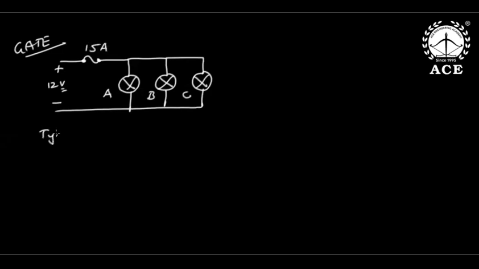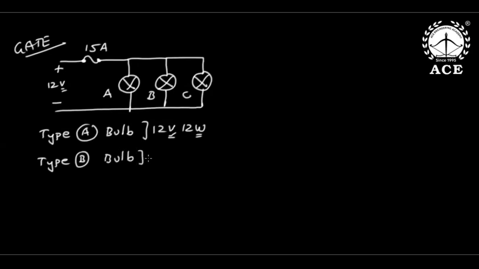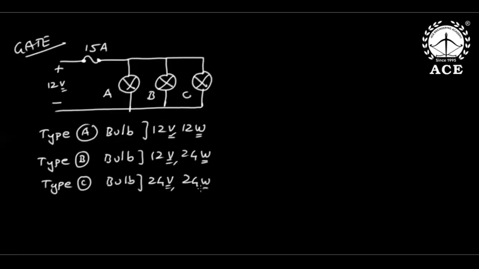The type A bulb ratings are 12 volt, 12 watt. The type B bulb ratings are 12 volt, 24 watt. The type C bulb ratings are 24 volt, 24 watt.